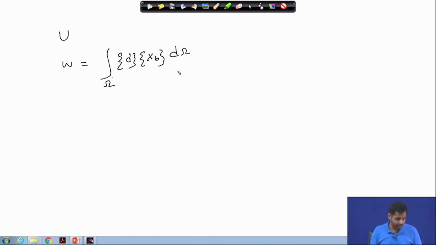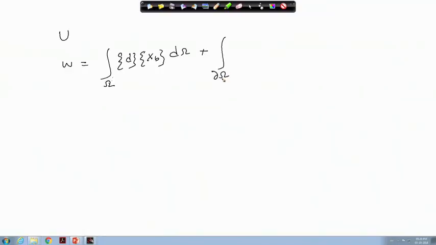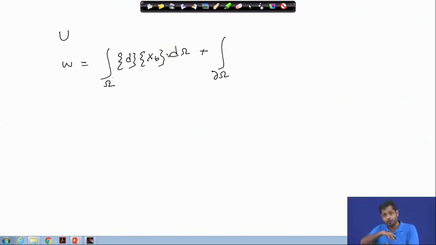Similarly, we have a contribution from the surface load, but the surface load is acting on the boundary of the domain. So, that integration has to be over the boundary, not on the domain. For instance, if you have a 3D object, the first is integration over the volume and the second is integration over the surface.